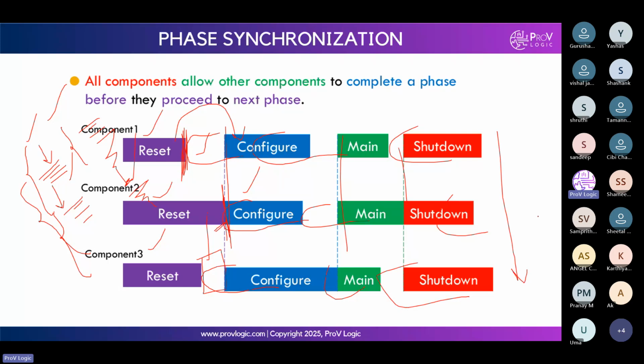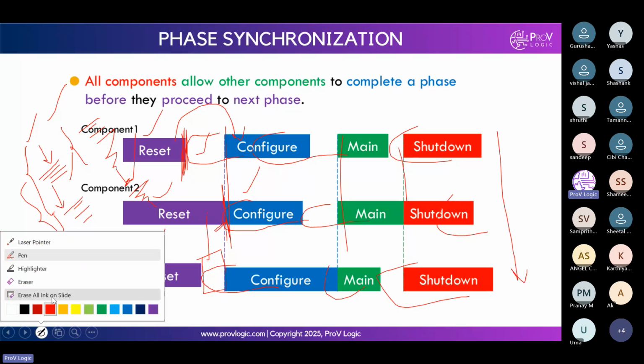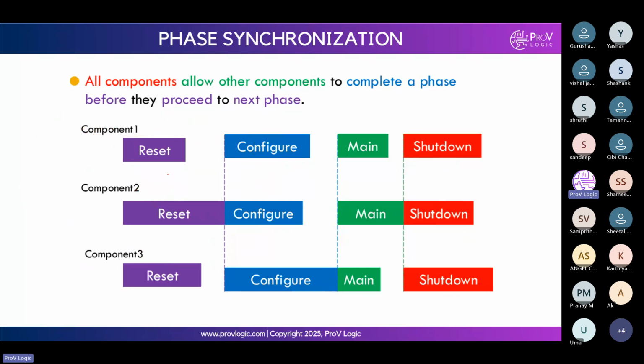So that's why, for that purpose, we are using the phases concept. Reset means this particular time is allocated for reset. Even if one completes fast or slow, until the last one is completed, all three must get into synchronization and then go to the next state.